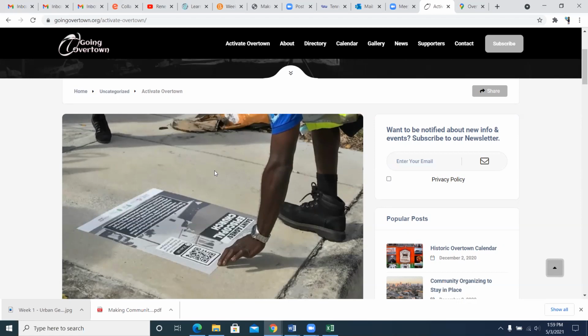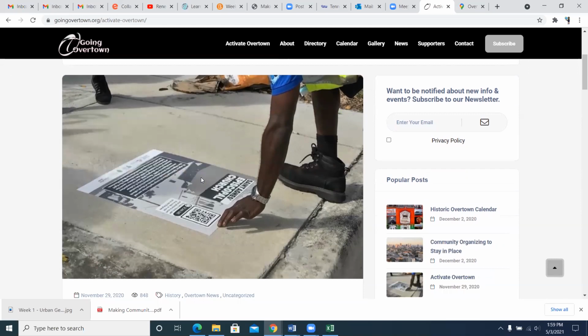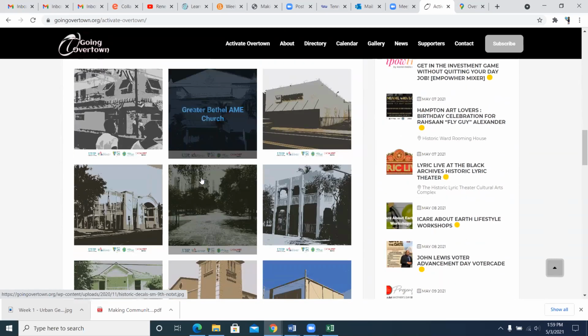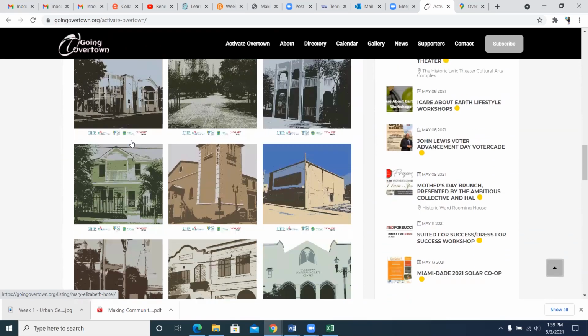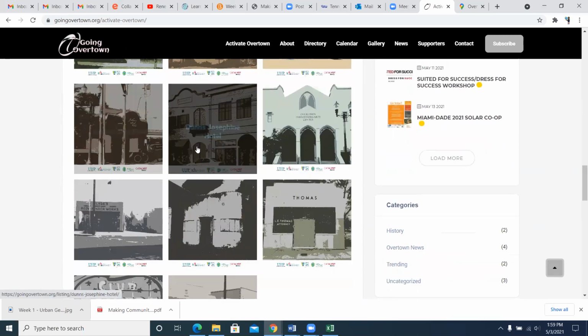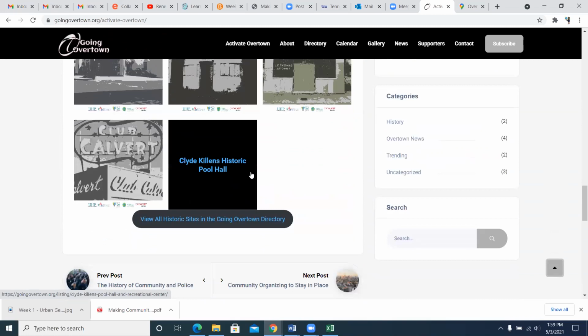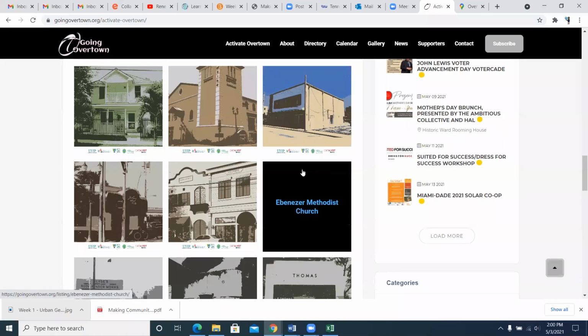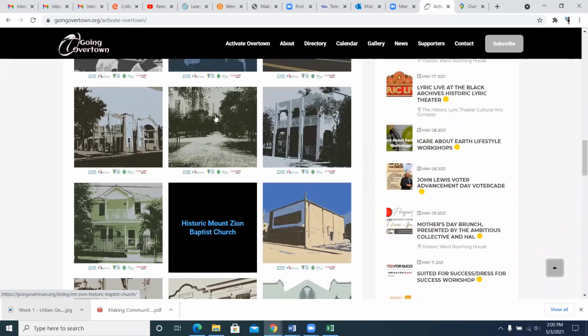I created the original base map that has resulted in what you see here. It's like a walking tour of Overtown's historical sites. This is another example of heritage tourism that I was directly involved with.